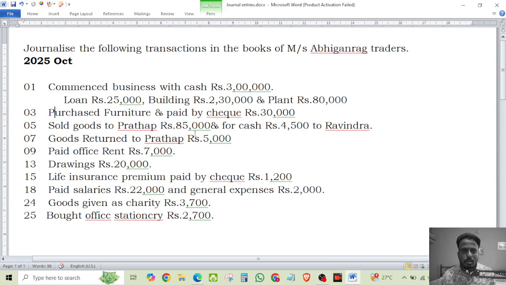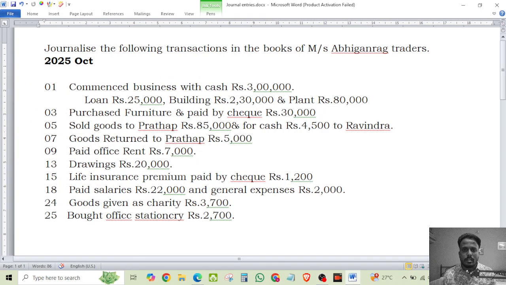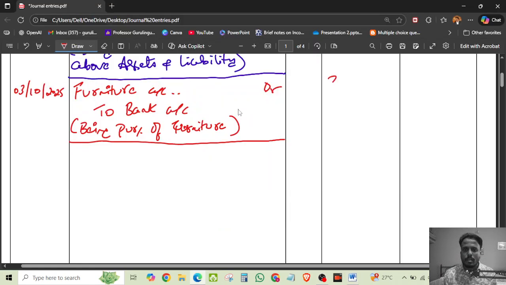We'll check the amount and write here, that is 30,000 is the amount. 30,000 debited, 30,000 credited. For those comfortable with real, personal, nominal, furniture is a real account, debit what comes in, credit what goes out. Here cash is going out through check, so bank is also a real account which is being credited.